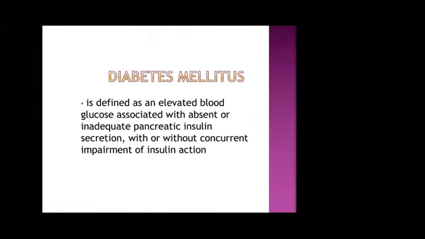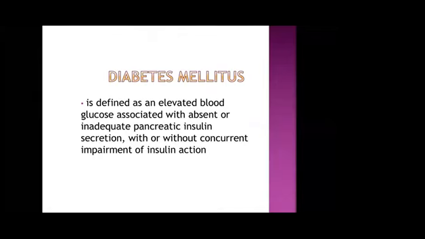Moving forward with the lecture, since you were able to understand somehow how the body regulates or maintains normal blood glucose level, paano kapag hindi na na-maintain ng katawan ang normal regulation? Of course, disease could happen.